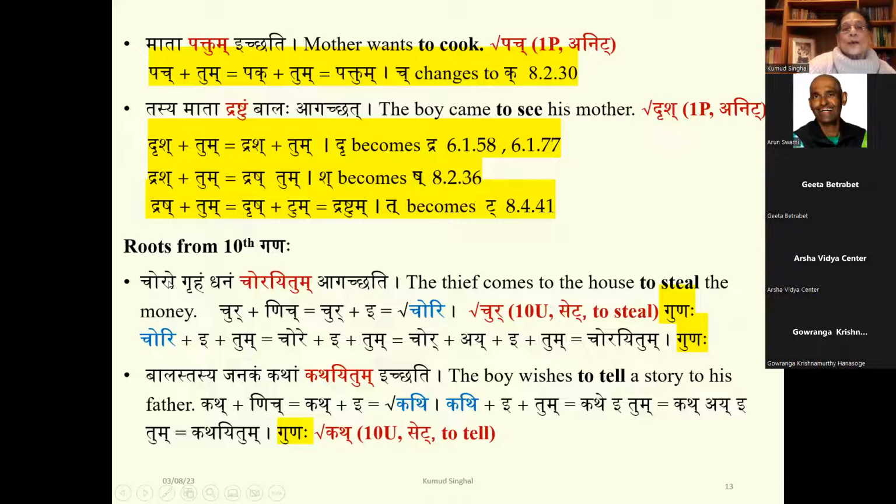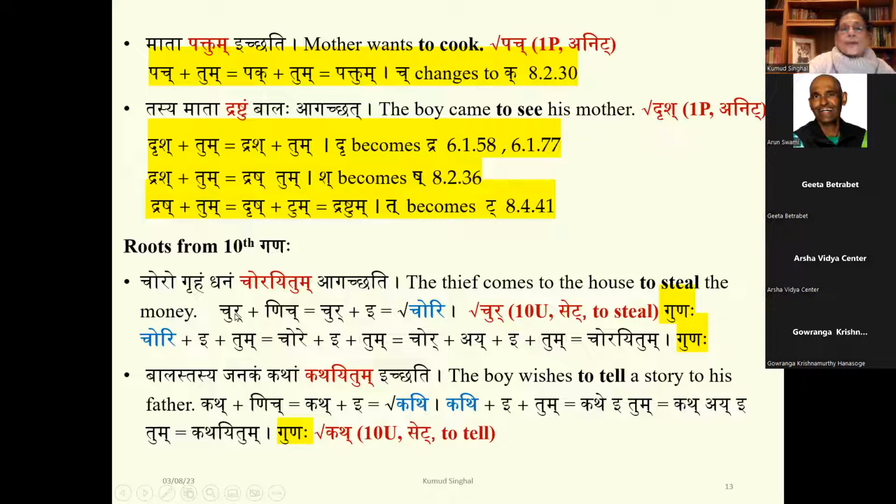So, chorah graham dhanam choryatum agachat, the thief comes to the house to steal the money. Let's look at how this form becomes. First you add chur plus ni. Now here only i remains, because the ch goes away and the ra goes away. These are it letters.